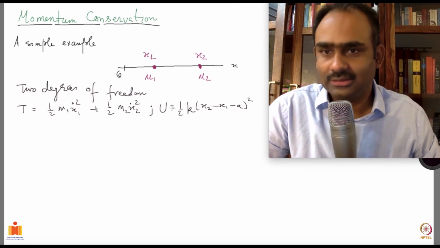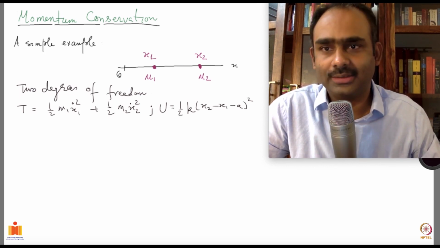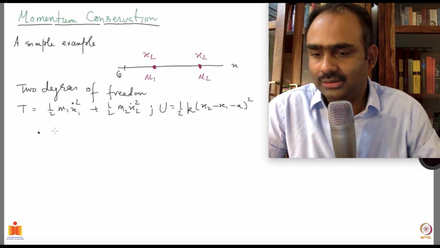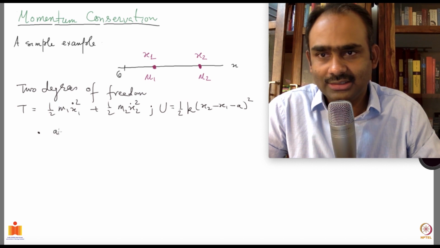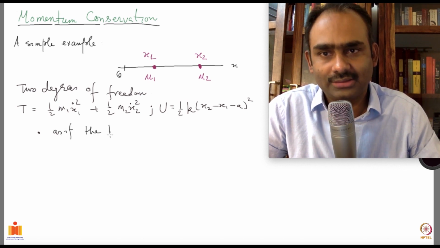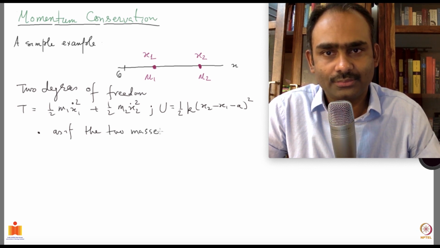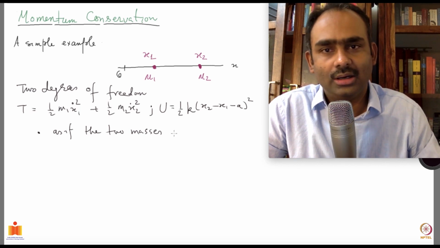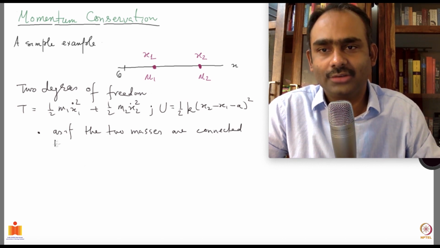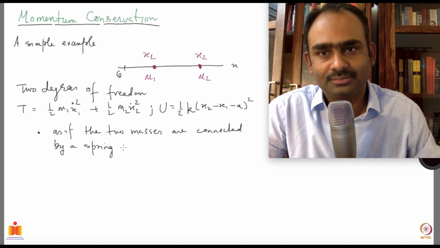Let me write down whatever I have said here. We are imagining as if the two masses are connected by a spring of constant k.